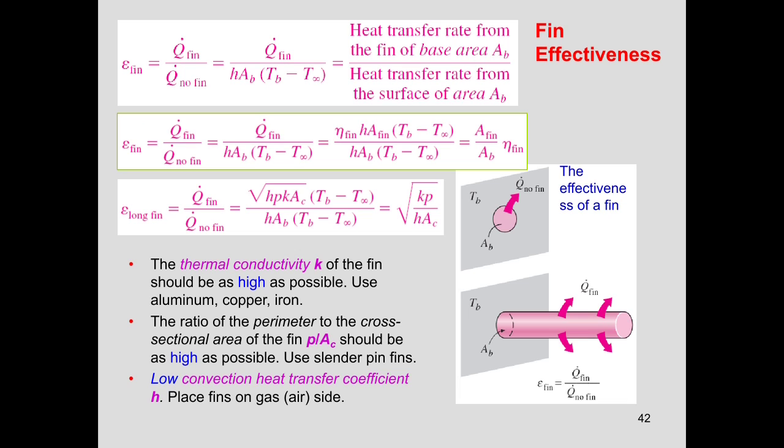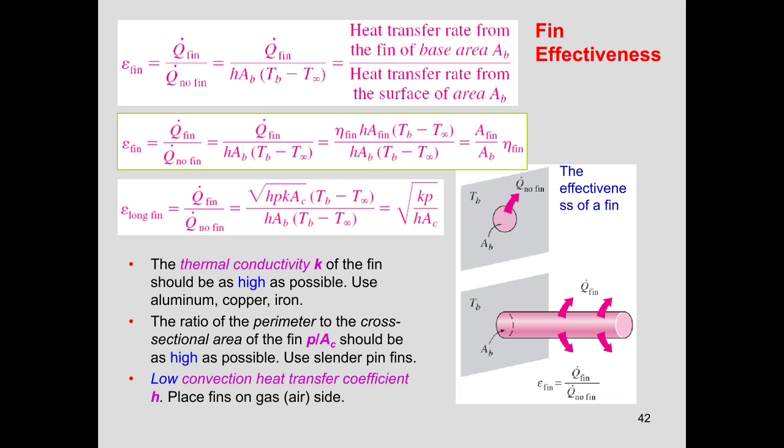So effectiveness of fin is equal to heat transfer rate from the fin divided by heat transfer rate from the base material if there is no fin. Okay, so this is the formula.